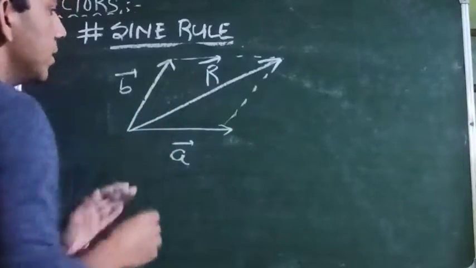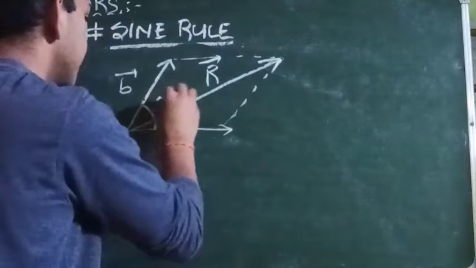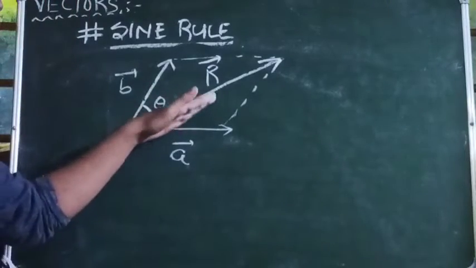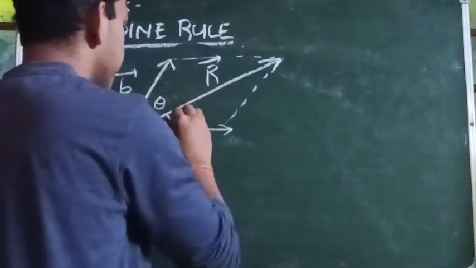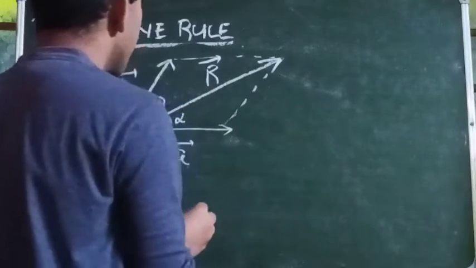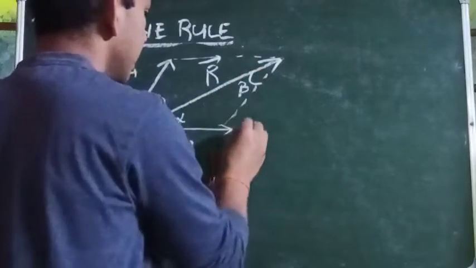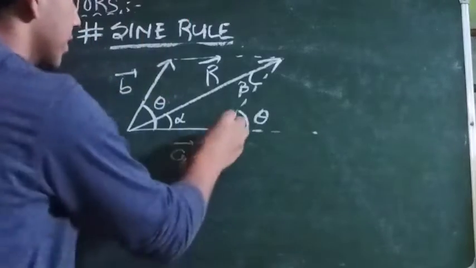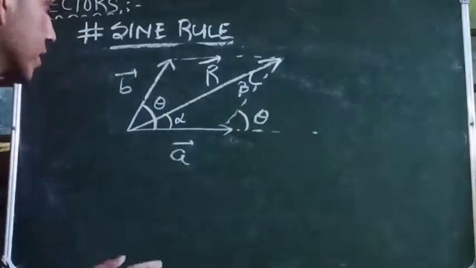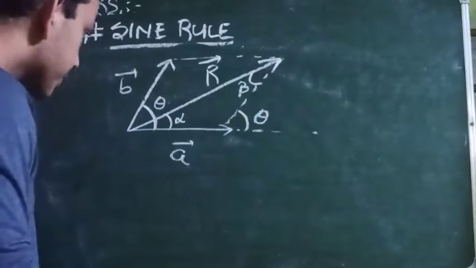Now the angle between A vector and B vector is theta. That means this angle is theta, and the angle that the resultant R vector is making with A vector is alpha. And let us suppose this angle is beta. Now we know this angle is also going to be theta, corresponding angle concept, because these two lines are parallel.